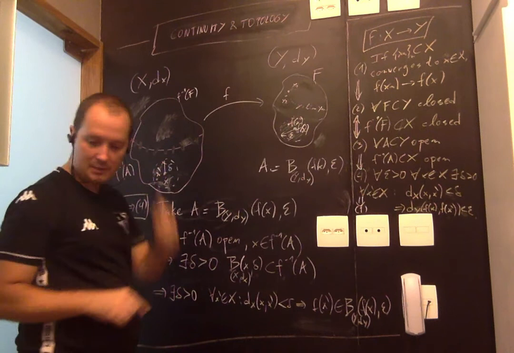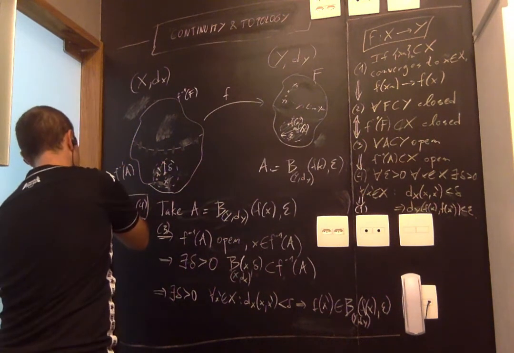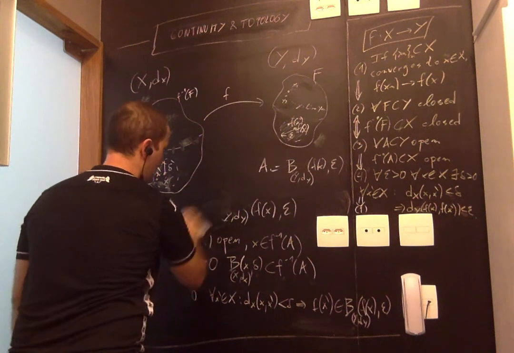Okay, there's one last step missing, which is that 4 implies 1. So let's do that and finish. Or finish with some comments maybe.